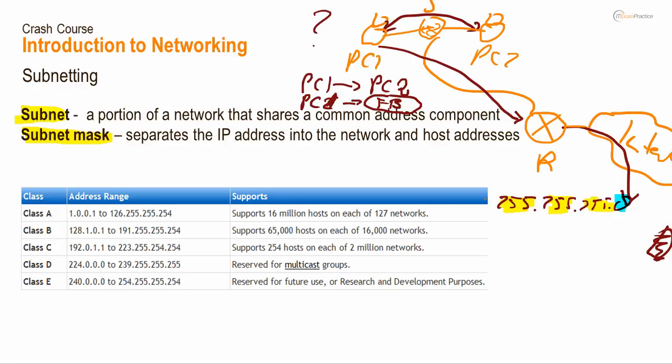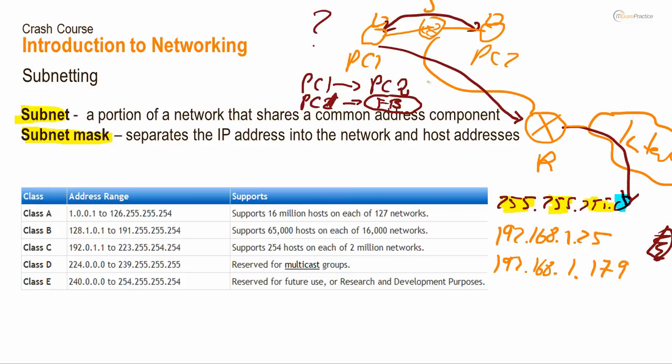Now, two IP addresses. The easiest way to understand is to try it out and show an example. 192.168.1.25, an IP address, and 192.168.1.179.